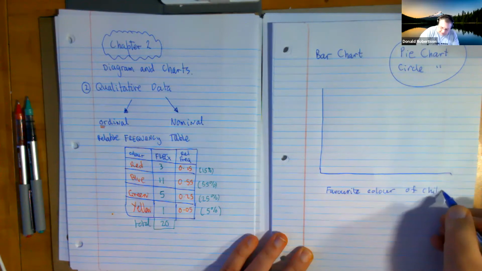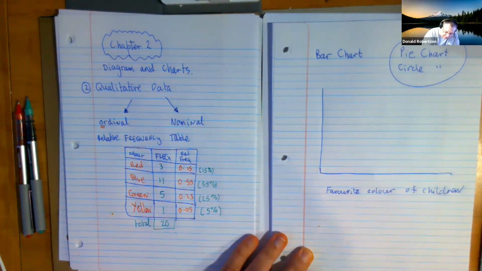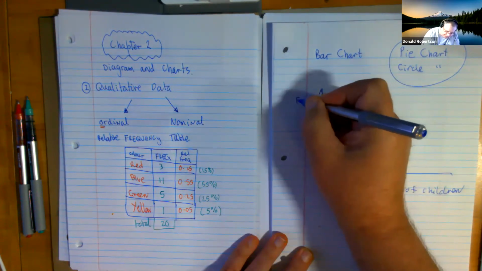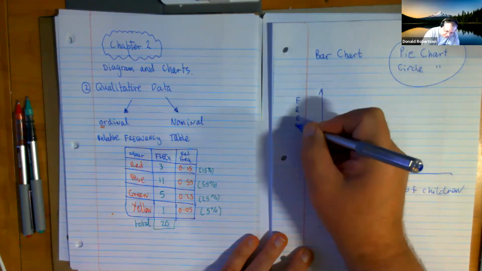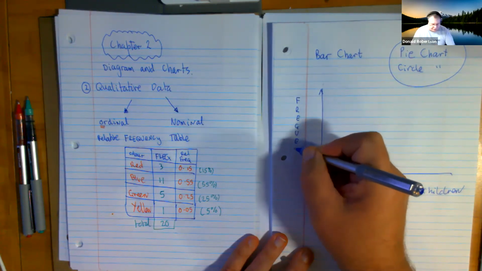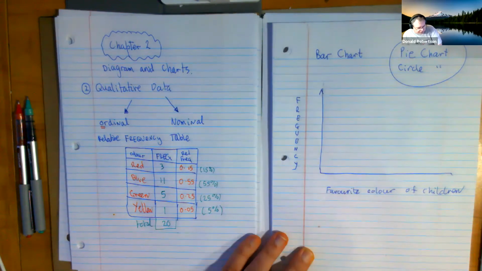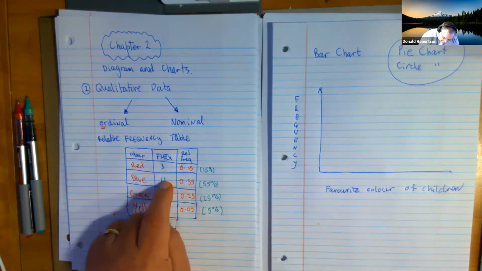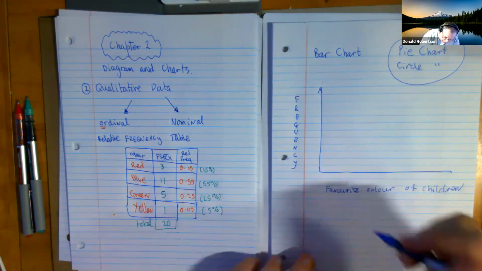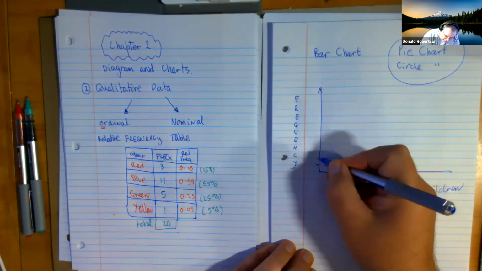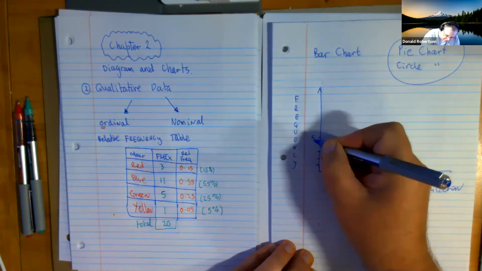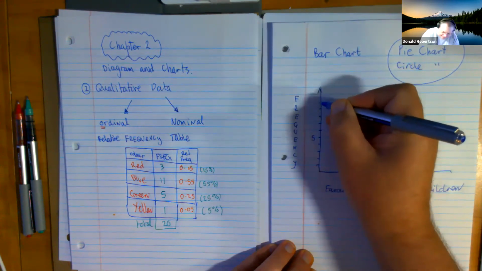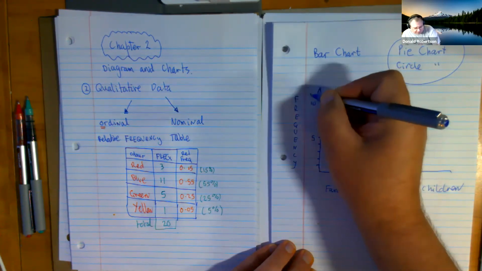And then vertically you do the frequency. And you choose a scale. Since my biggest number is 11, I'm keeping my fingers crossed here, I can get away with this. 1, 2, 3, 4, 5, 6, 7, 8, 9, 10. Am I good or am I good? 11. That was more luck than anything.